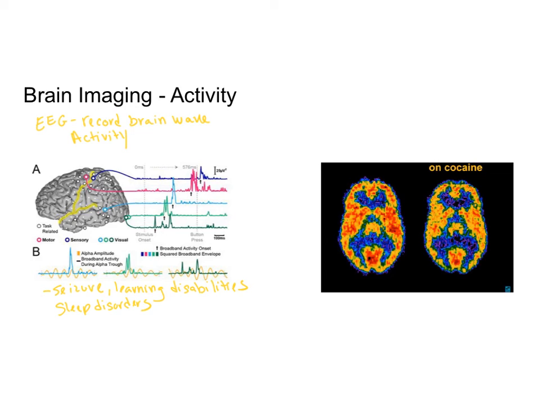The second brain imaging technique that we have is known as a PET scan. What a PET scan does is it shows us blood flow and oxygen to parts of the brain. So we know what parts are being activated.